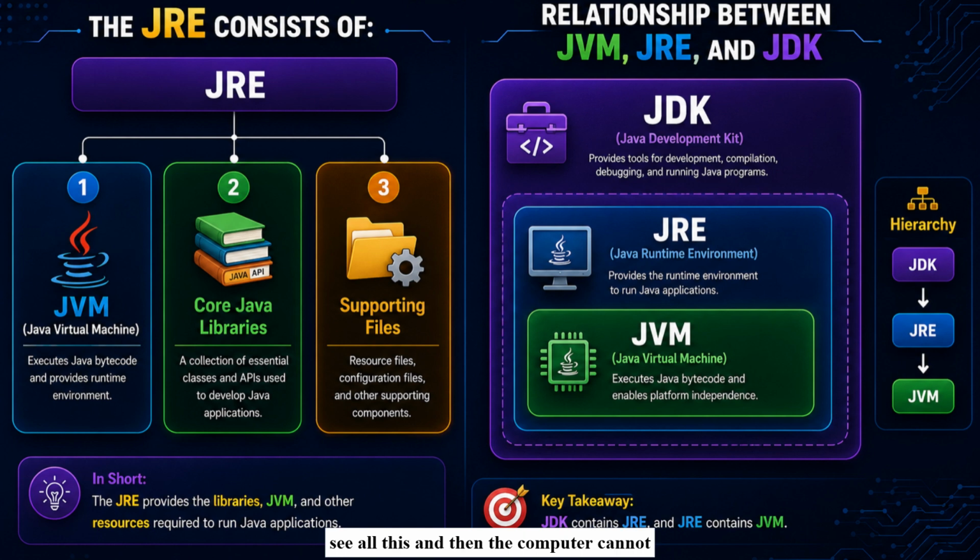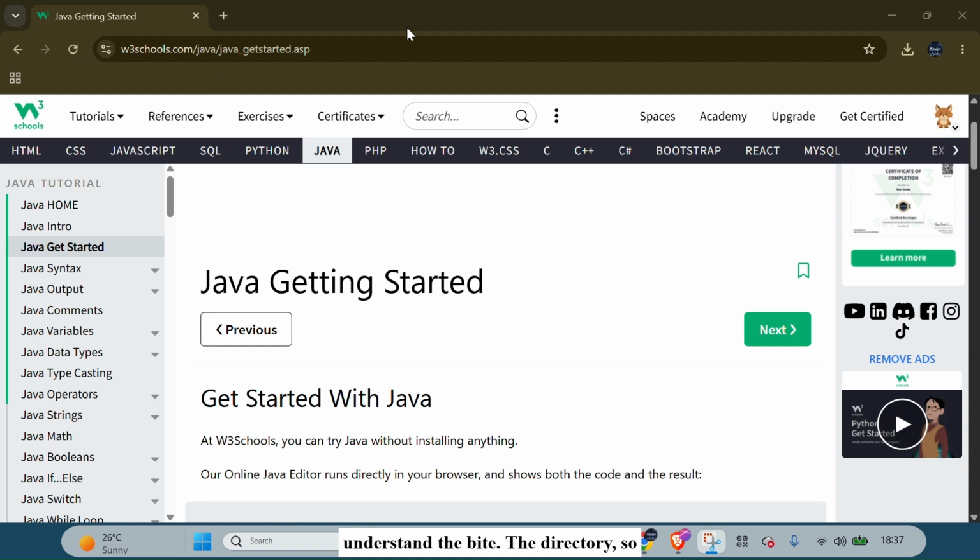We'll see all this. The computer cannot understand the bytecode directly, so the JRE provides the necessary components to run the bytecode, including the Java virtual machine. Without the JRE, a Java application cannot run. So that's simply about the JRE.